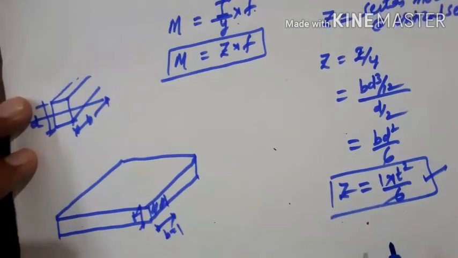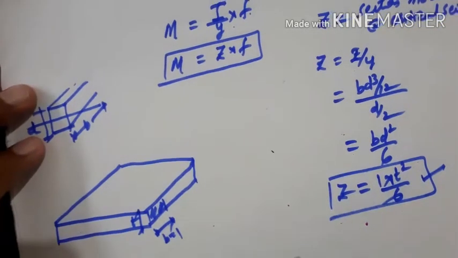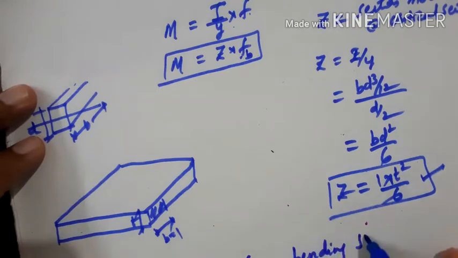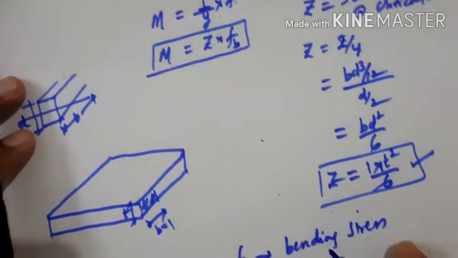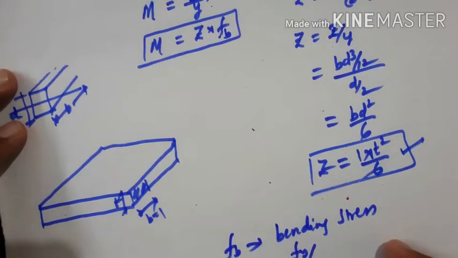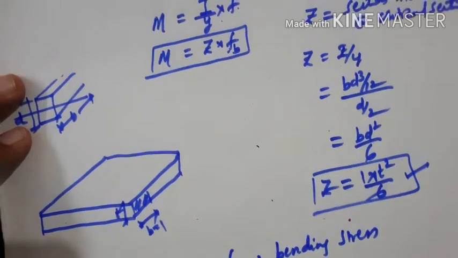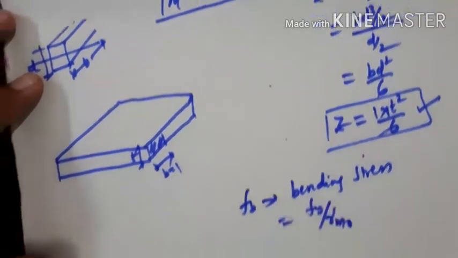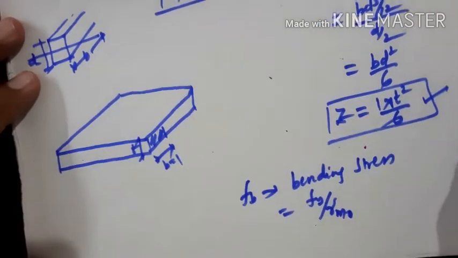Then you have to calculate the moment. Then Fb is what? Bending stress, sigma b, that is bending stress. It can be written as Fy by gamma mo.